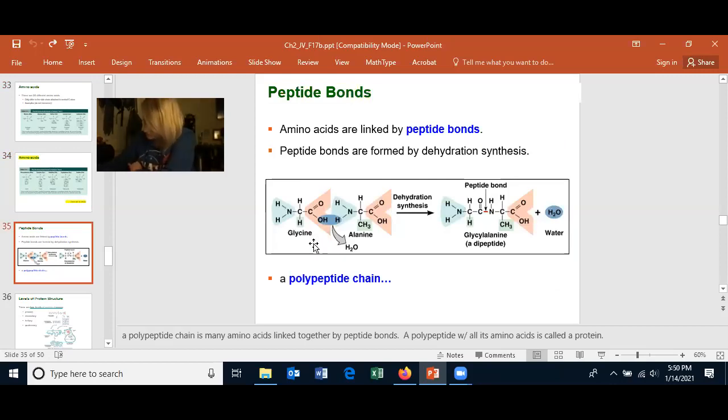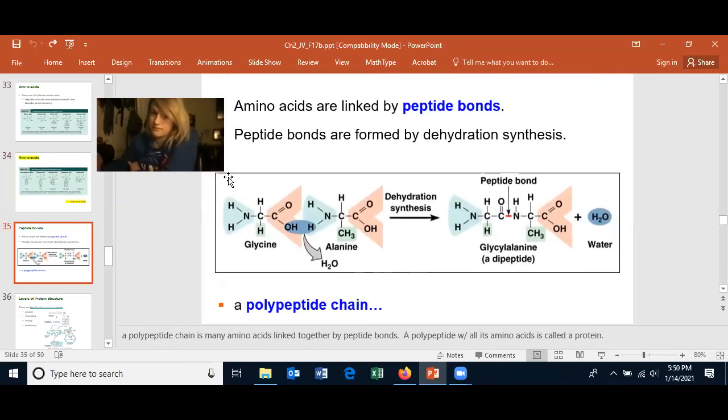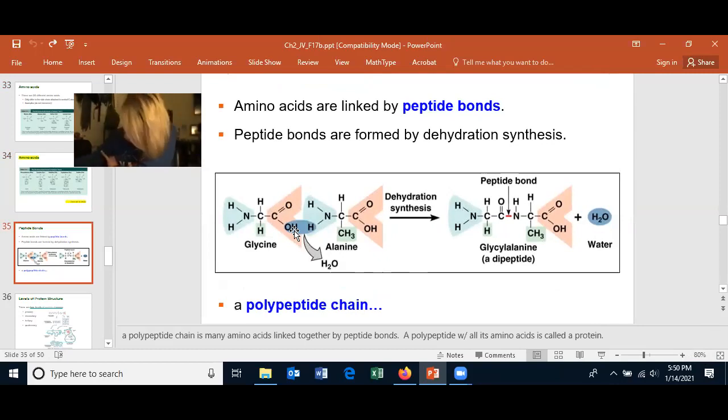amino acids are linked together by peptide bonds. What you do is you take one amino acid, shown here, and another amino acid, shown here, and you combine them together in dehydration synthesis, meaning an OH group comes off of the carboxyl group of this amino acid, and an H atom comes off of the amino group of this amino acid, and then this carbon is directly linked to that nitrogen.